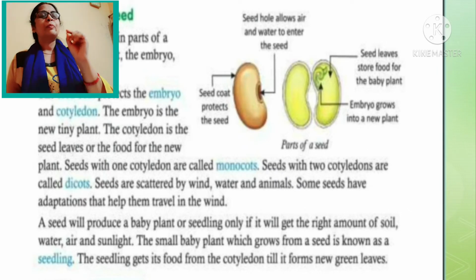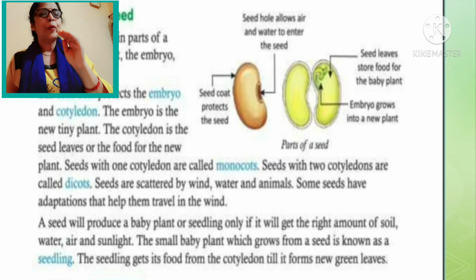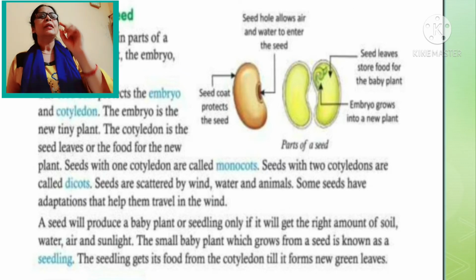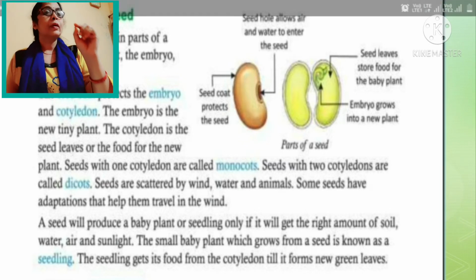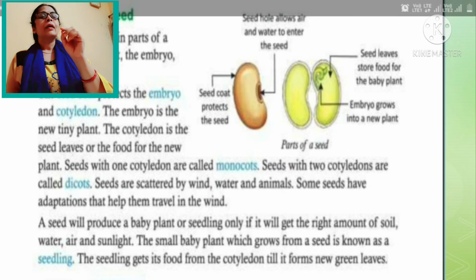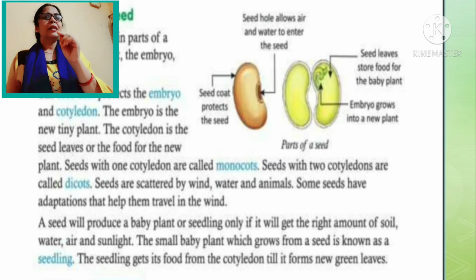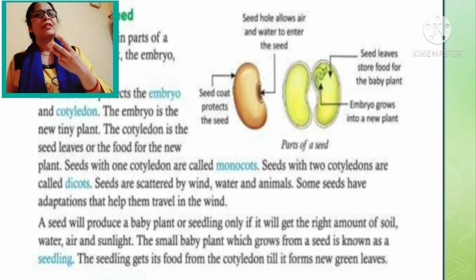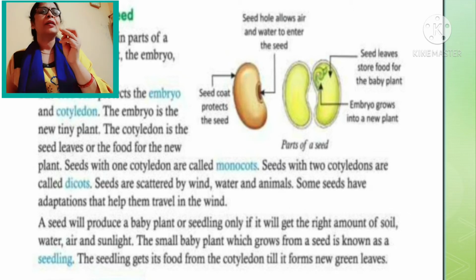Now I am going to explain germination. What is germination? It is the process of converting a seed into a seedling, meaning a seed into a new plant. Conditions necessary for germination: there are three conditions, presence of water, presence of air, and sunlight with suitable temperature.